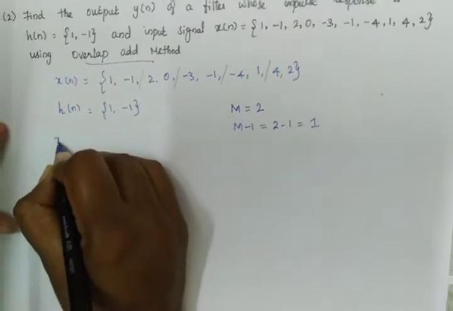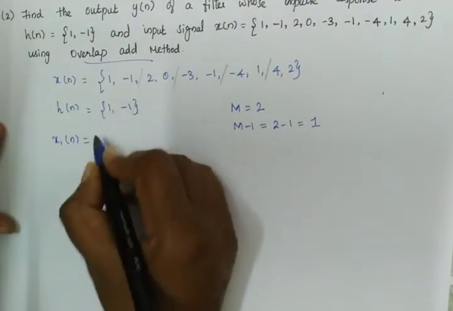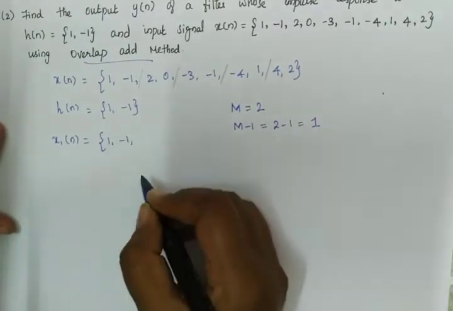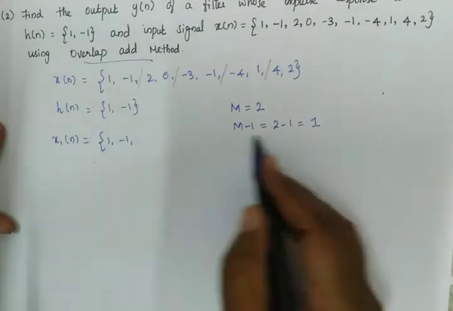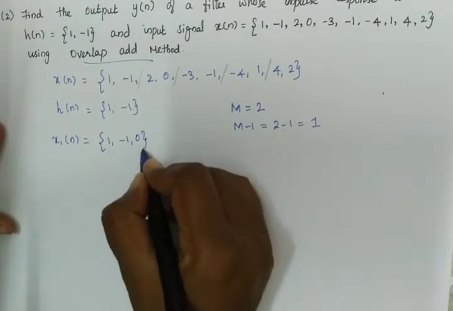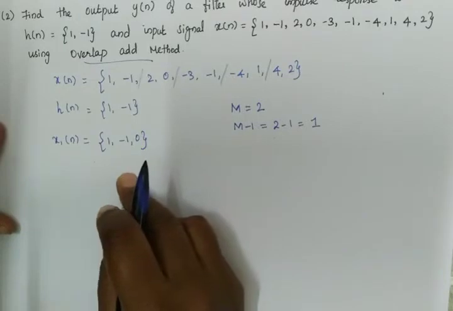So what is x1 of n? Here we have 1 minus 1, and after this we have to add 1 zero, so 1 minus 1 0.